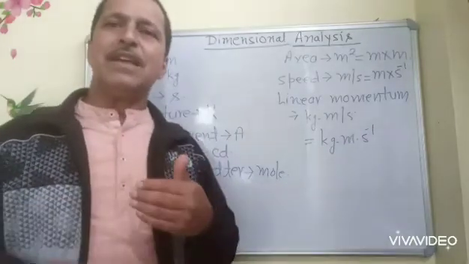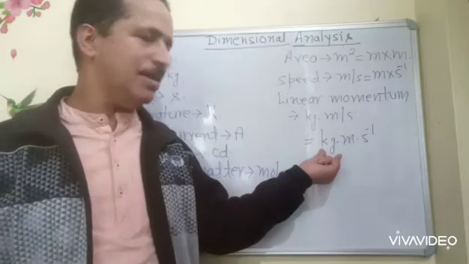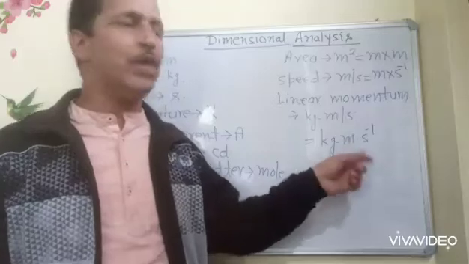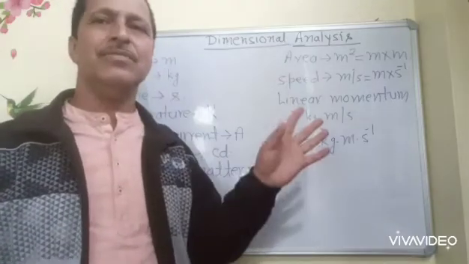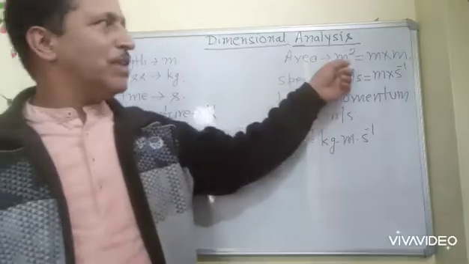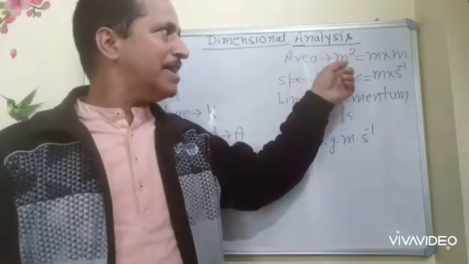The dimensions are nothing but those powers which we see are raised on the fundamental units to express that quantity. For example, we will see that area has unit meter square. The power 2 is raised on meter.